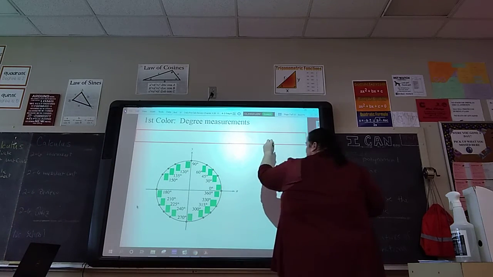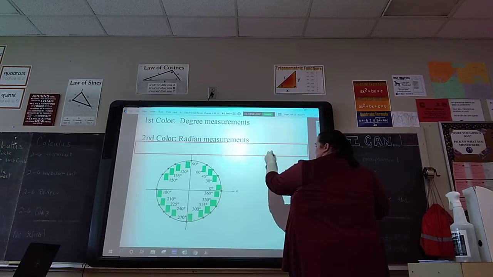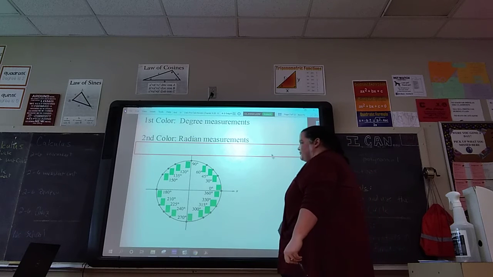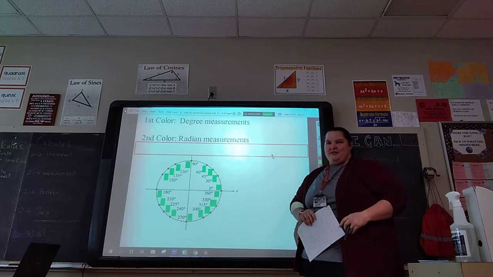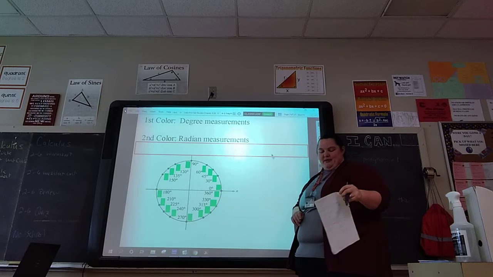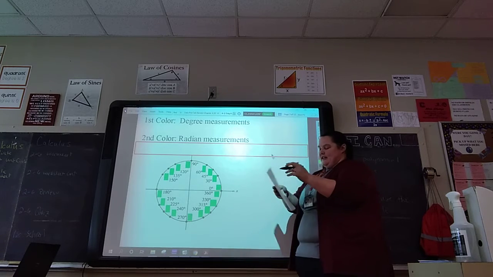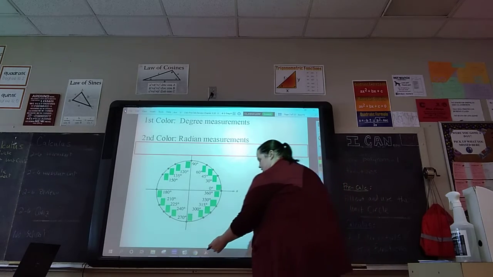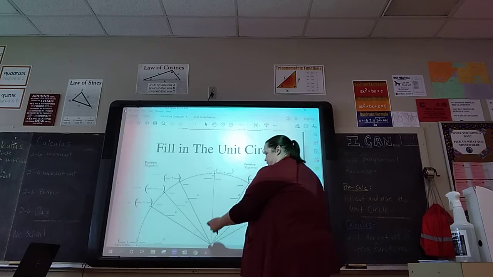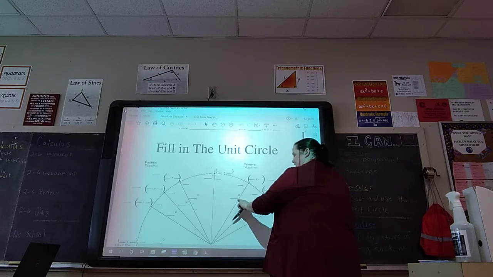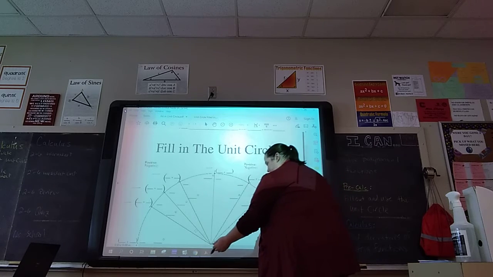So then your second color is the radian measurements. So I'm going to start revealing those. That's what's underneath the green boxes I have up here. That's going to go next to the line on your unit circle handout. So you should have filled out the line that has the little degree symbol. Next to it is this little blank line. That's where your radian measurement is going to go.